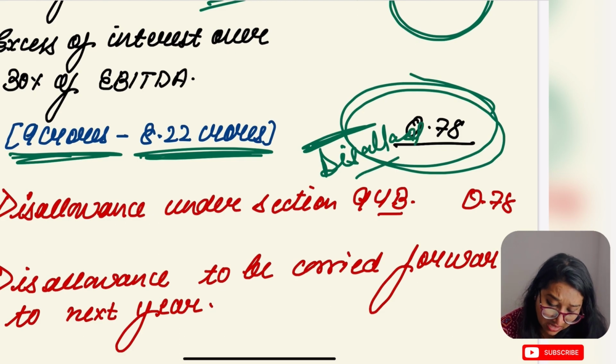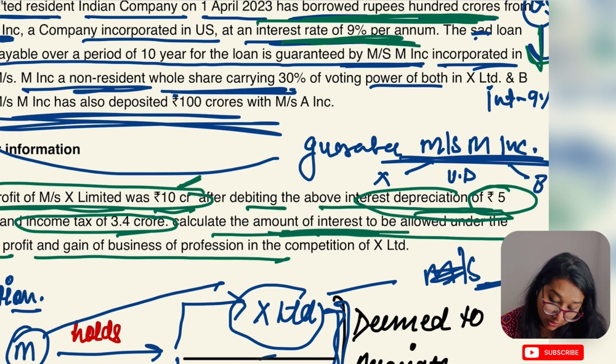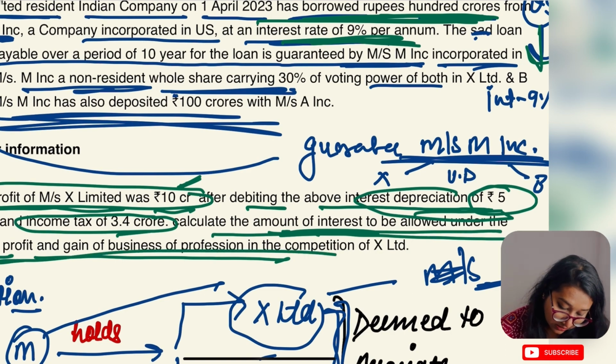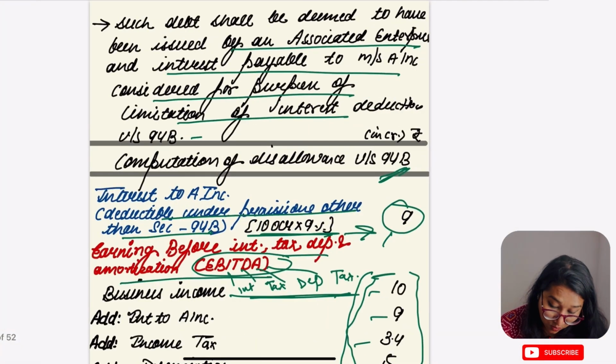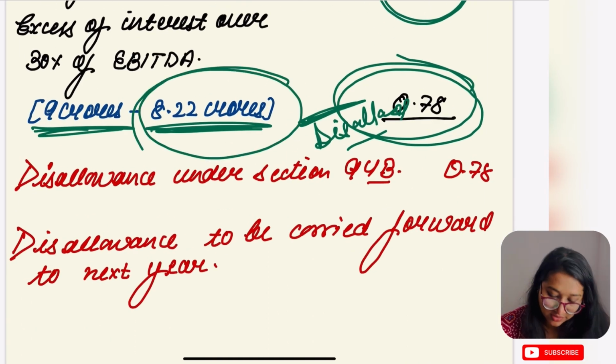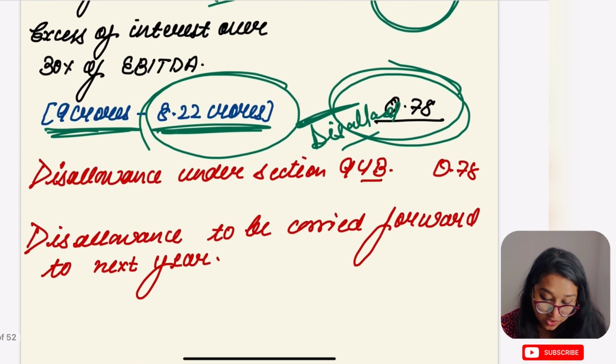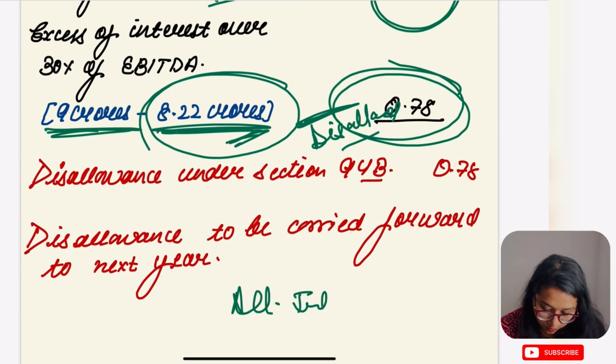But the question has asked me to calculate the interest to be allowed under this head, so I also have to mention the allowed interest. Is it clear to you guys? Because the question asks for the allowed deduction, the allowed interest would be 8.22 crore.